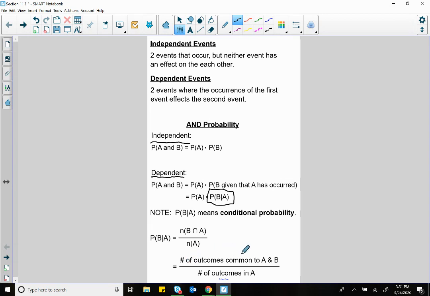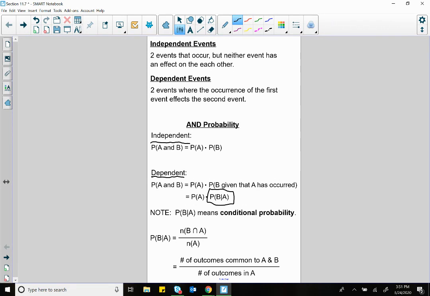We take the number of outcomes in common to A and B, and then we put that over the number of outcomes in A. So again, this is very technical, but when we do this with examples, you'll see how conditional probability is really figured. It's not as hard as what you think that's going on here. I promise you that. But that's "and" probability. That's what 11.7 is about. You've got to determine whether you have independent or dependent events, and then we run our formulas accordingly.